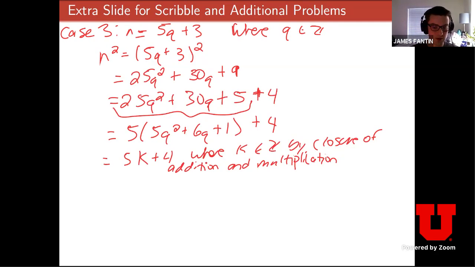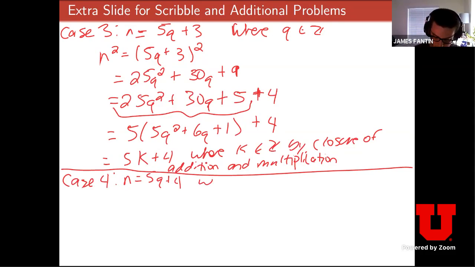And then if we do case 4, we're going to get a similar thing again. So in case 4, n is 5q plus 4, where q is an integer. So we have n squared, 5q plus 4 squared, 25q squared plus 40q plus 16.